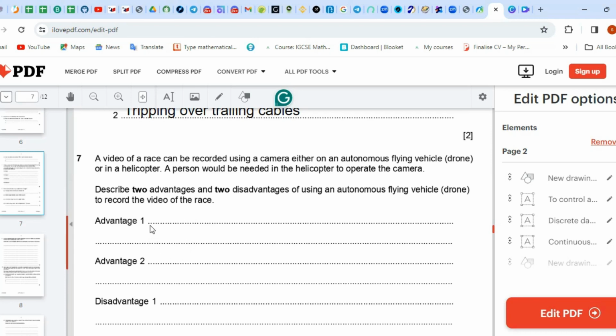All right, so you have to describe two advantages and two disadvantages of using a drone. One of the advantages of using drone is that it is safer to use drones than risking the human filming in the helicopter.